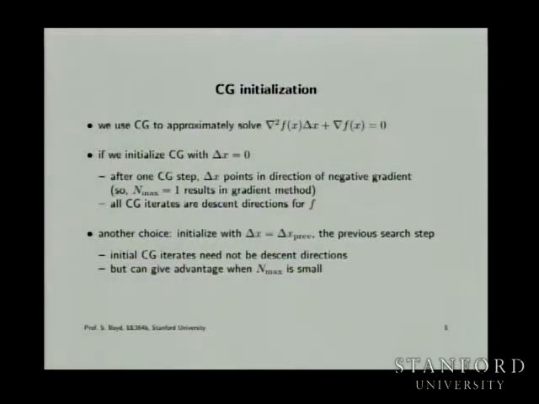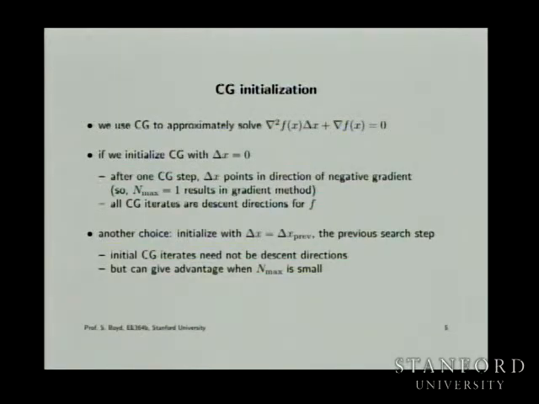Okay. Now you also have the question of CG initialization. One way is to initialize with delta x equals 0. It turns out in that case, if you go back and look at the CG method, the first step is very simple. You solve Ax equals b. In the first step, you minimize over the line spanned by b. B, in this case, is minus the gradient.